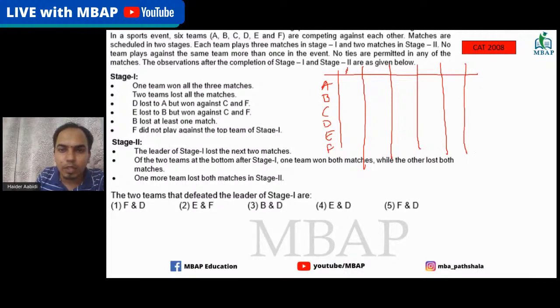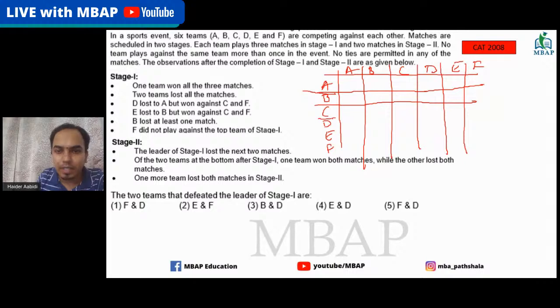So here also I'm putting A, B, C, D, E, and F, and you can make a simple row-like figure, a grid. This will make it easier for you to solve it quickly and get the entire picture sorted in one time only.